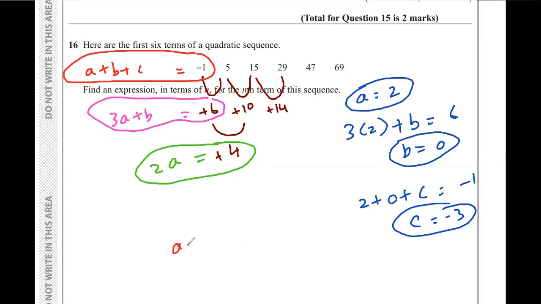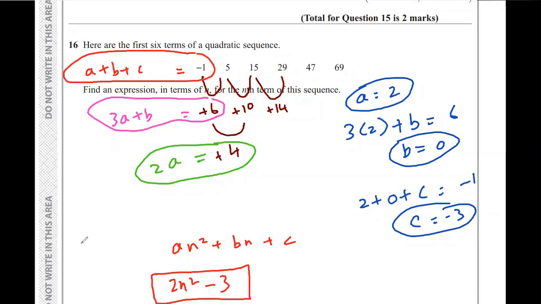That would be A n squared plus B n plus C. So A is 2, you write 2n squared plus 0, no need to write that, minus 3. So guys, this is the nth term of this quadratic sequence.